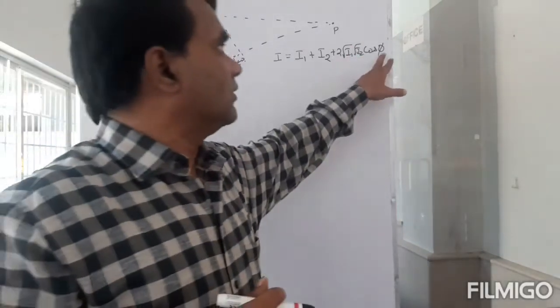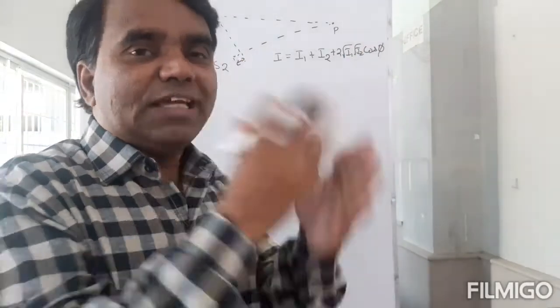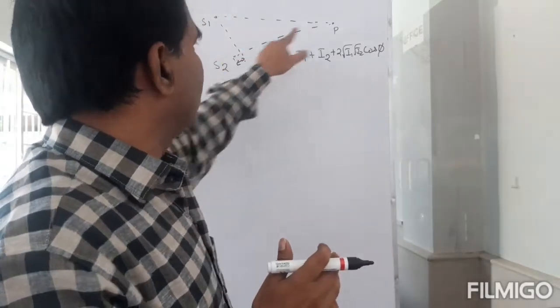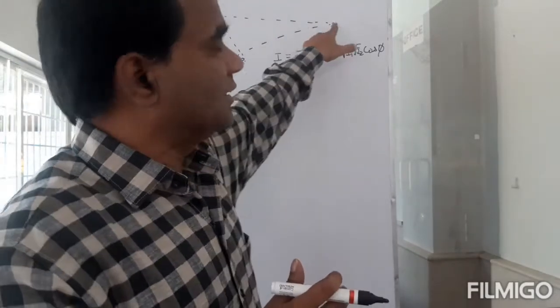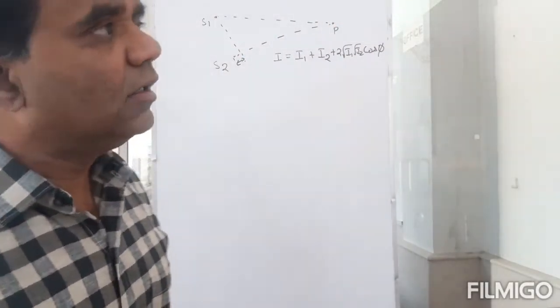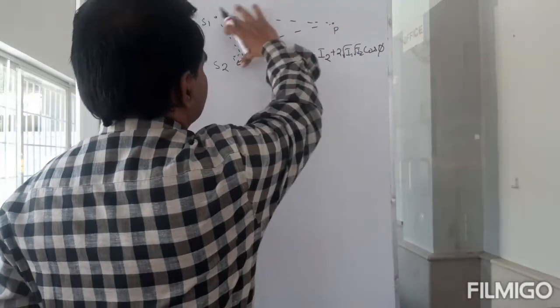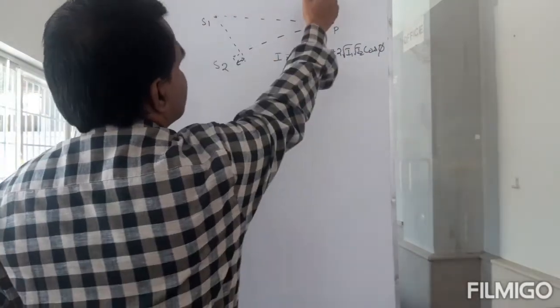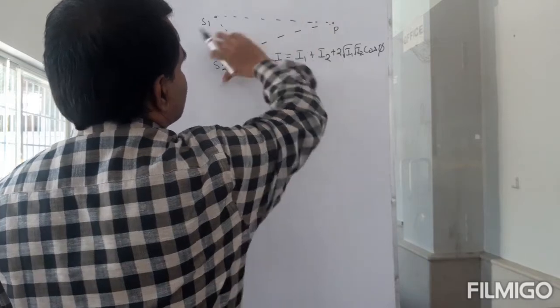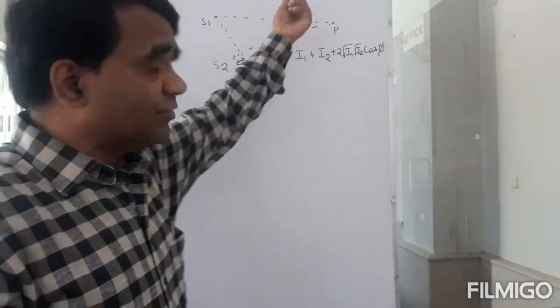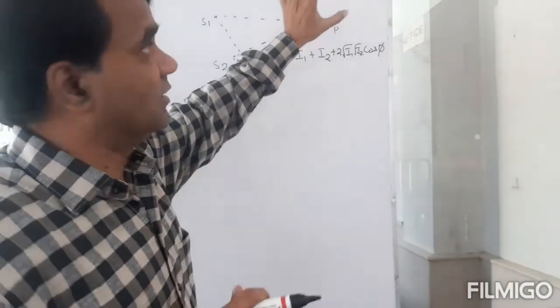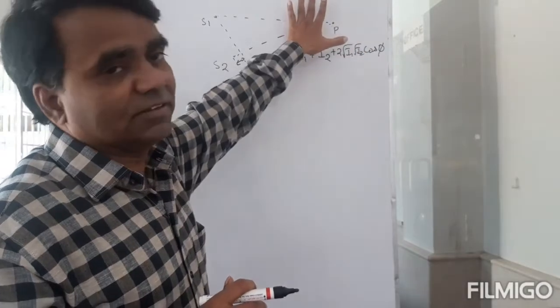So this phi is actually the phase difference between these two waves at this point in space. If I take a different point for the same two sources, say Q, then that can have a different phase difference. Phi can be different there.